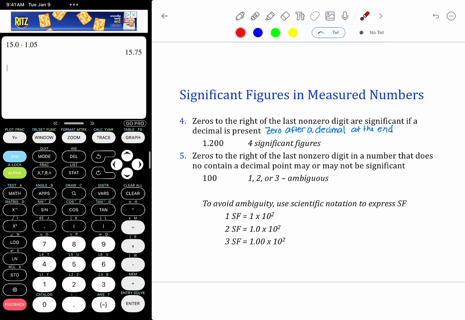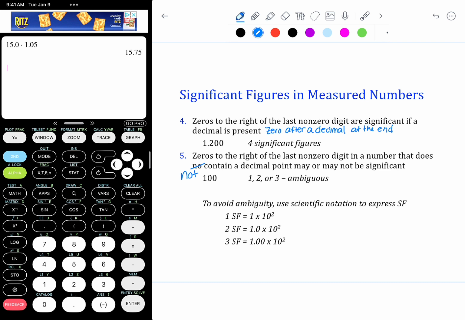Our last guideline is zeros to the right of the last non-zero digit in a number that does not contain a decimal point may or may not be significant. So this is the ambiguity rule, and we do everything in our power to avoid ambiguous numbers.